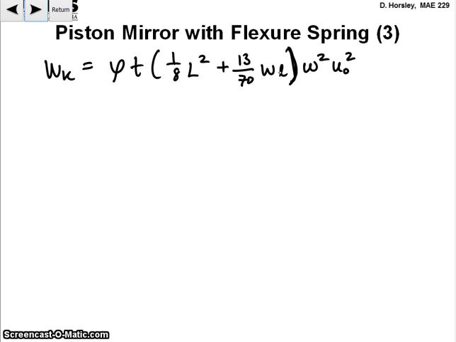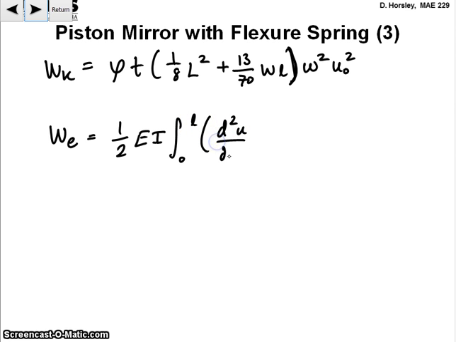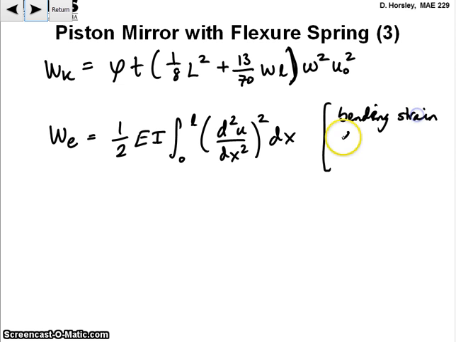Now the elastic strain energy. Because we only calculated the kinetic energy for 1/4 of the plate and for one spring, we only have to calculate the elastic energy for one spring. And that's equal to the bending strain energy, 1/2 EI times the integral from 0 to L of d squared U dx squared, quantity squared, dx. That's from lecture 11.